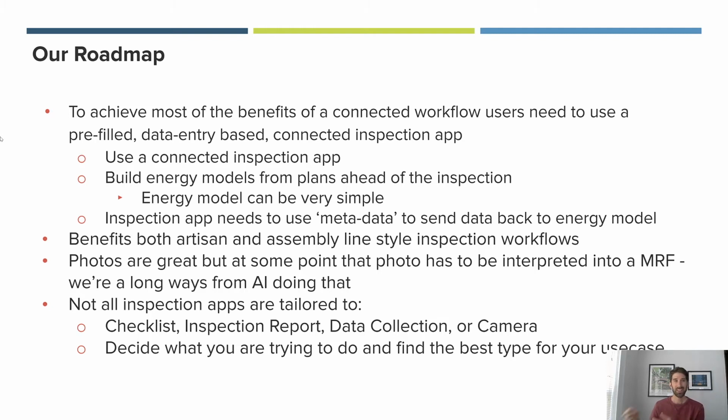Now, when I say data entry, it helps for the field rater to write down the data that they see when they see it. We know a lot of folks are writing or taking photos and then sending that photo to somebody to interpret and write that data into the energy model.